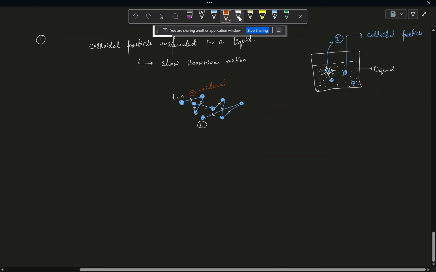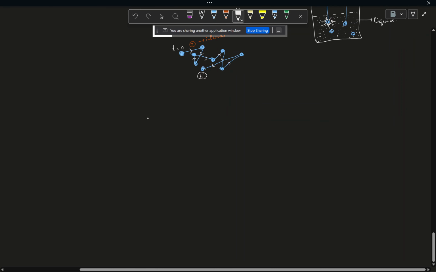Because here we are going to talk about something called mean square displacement. So the idea of mean square displacement is important. It is very simple: let's say there is a reference position where you start, which is your x naught position, which is initially let's say 0, or x naught can be any finite value also.